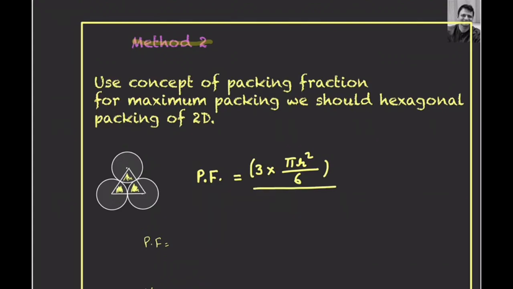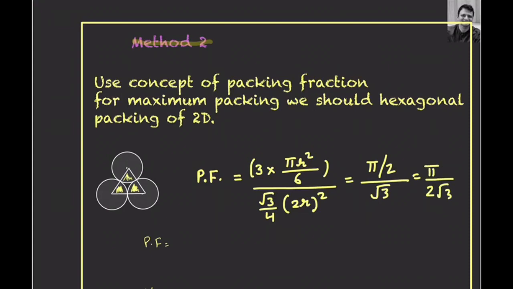Total area is the area of the equilateral triangle, which is root 3/4 a square, where a is equal to 2 times the radius of the marbles. So r square will cancel out. In the numerator we get pi/2, and in the denominator we get root 3 because 4 and 4 cancel out. So the packing fraction is pi/(2 root 3), which on simplification gives 0.907.